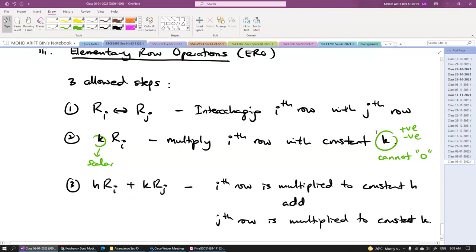Because as I mentioned, the constant K here can be positive or negative. If K is positive, you have addition. If K is negative, you have subtraction. That's why I'm using just plus.